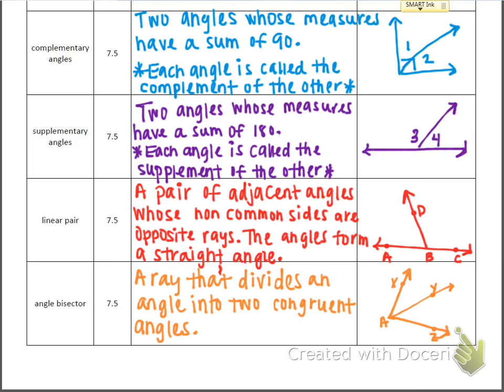Okay, same thing with angles. But we use arcs. So we would use a single arc if it's the first time, and a single arc on the other angle to show that they are congruent. If we have another set of angles that we are saying are congruent, we would use two arcs to show that they are congruent. Does that make sense? Okay, so since this is the first one, we're going to use one.